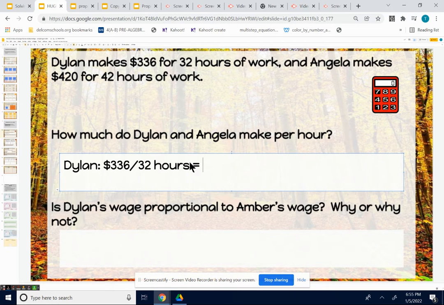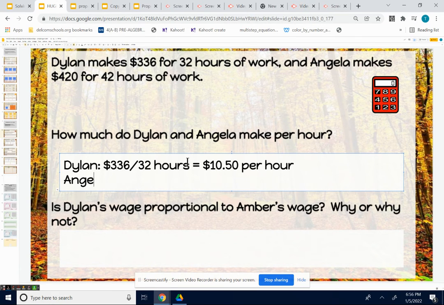It's going to be 10.5, so $10.50. And then I'm going to keep the labels and write it as $10.50 per hour. That's called unit rate.